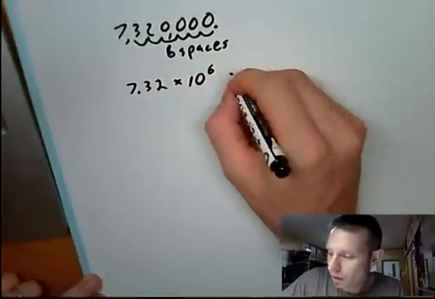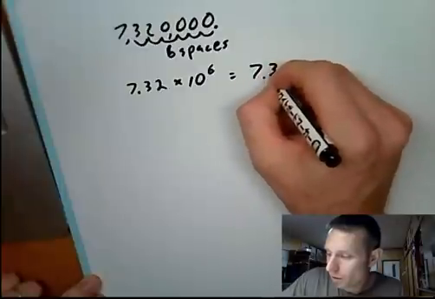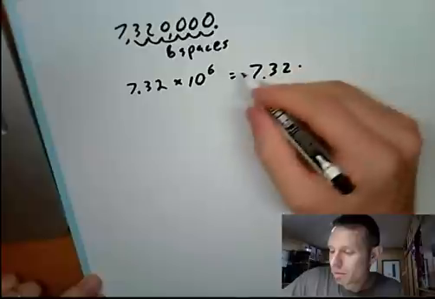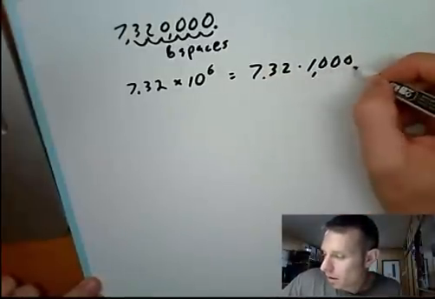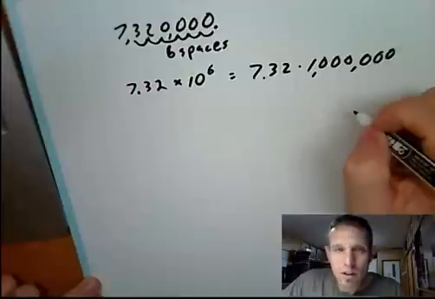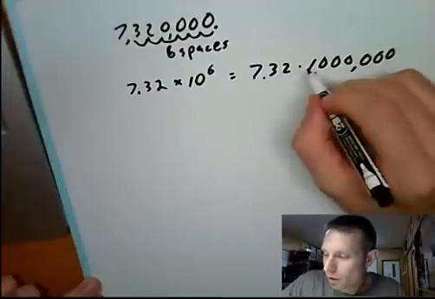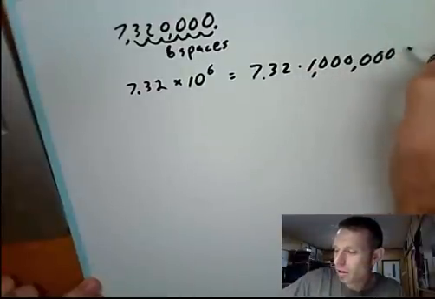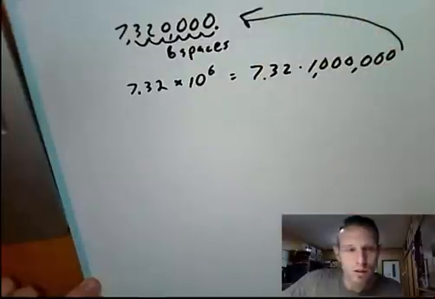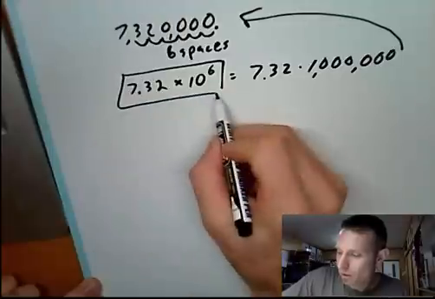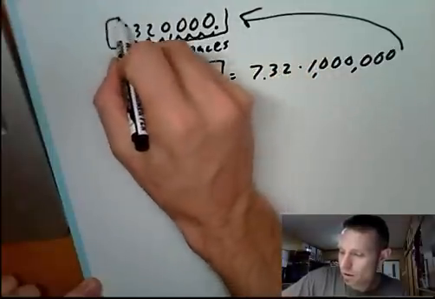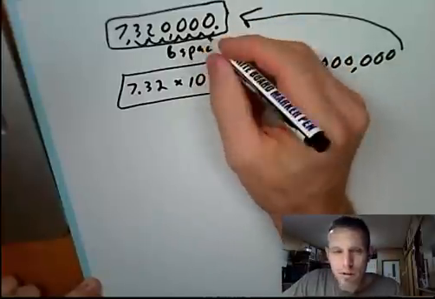If you were to multiply that out, 10 to the 6th power is 1 million, so you have 7.32 times 1 million. That, in fact, gets you back to the original number. So this is the scientific notation for the original number.